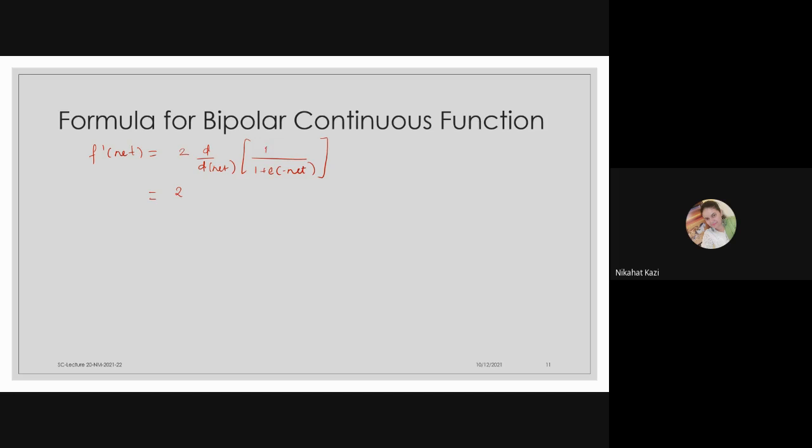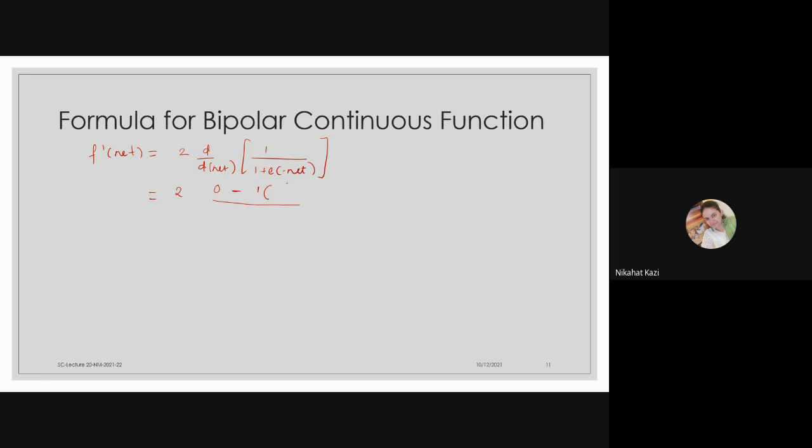So this is u and this is v. But this u in this case is a constant, so du by d net is 0. So the first term is 0 in the numerator, minus u dv by dx, right? That is this term multiplied by the derivative of this term.